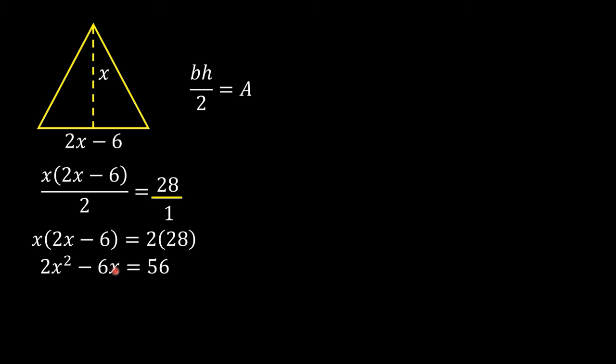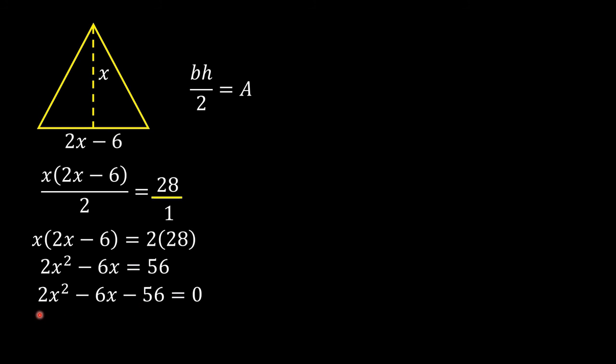Transpose 56 to the left side. Change its sign from positive to negative. We have now 2x squared minus 6x minus 56 is equal to 0. Simplify the left side by factoring. Take out the greatest common factor.